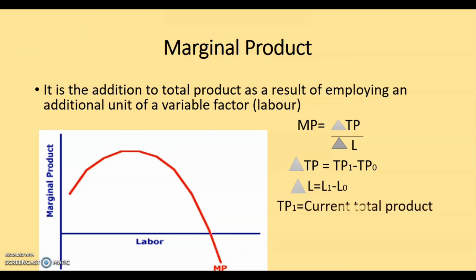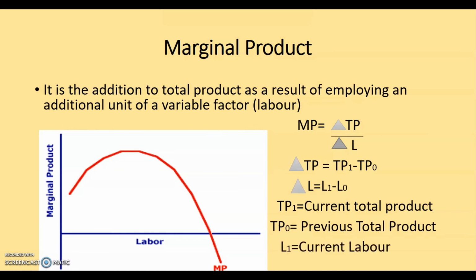Now let's define the variables we've put. TP1 represents the current total product. TP0 is the previous or the old total product. Then L1 is the current labor, and L0 is the previous or the old labor.